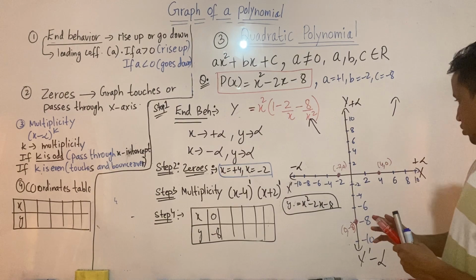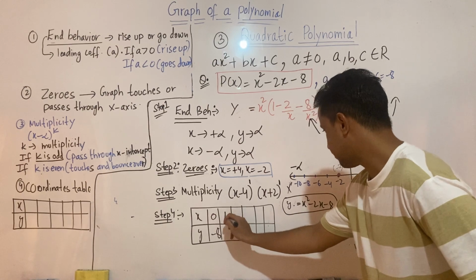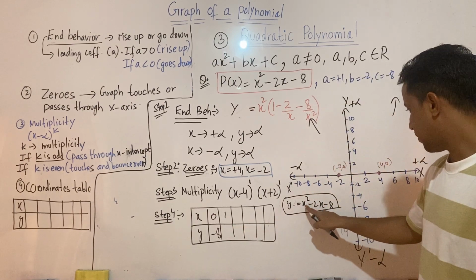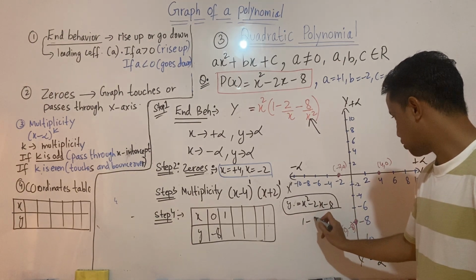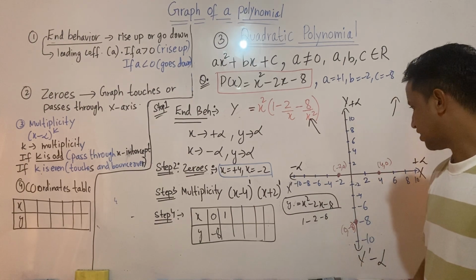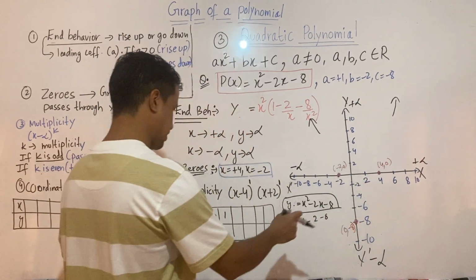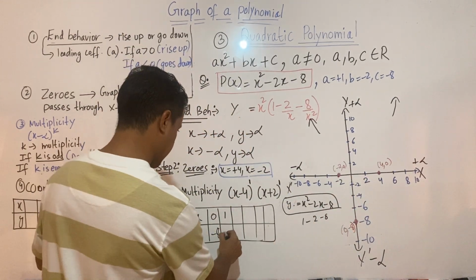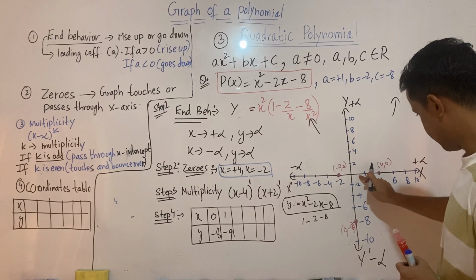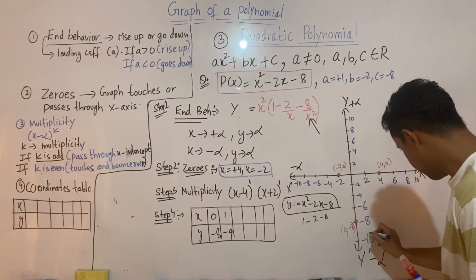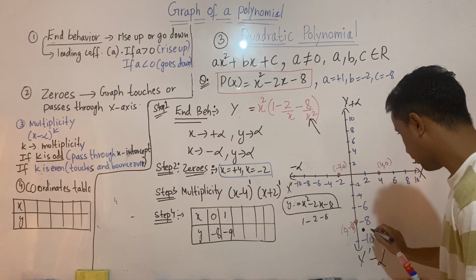If you put x = 1, y will be 1 - 2 - 8 = -9. Where is x = 1? x = 1 is here, and y = -9 means here. Okay, this is the point.